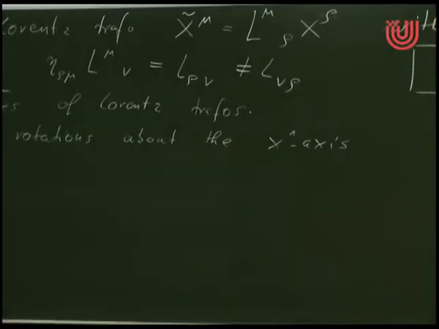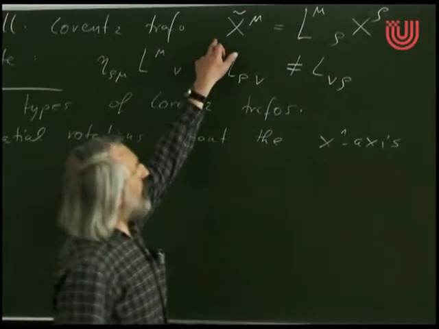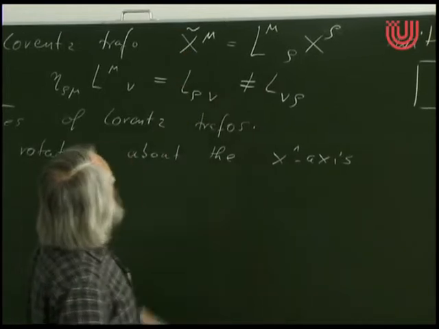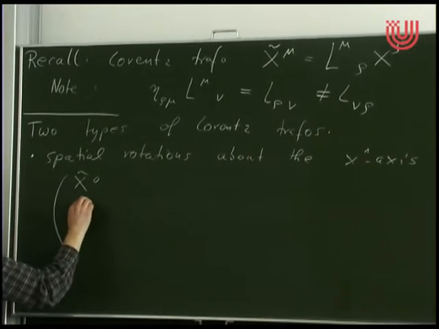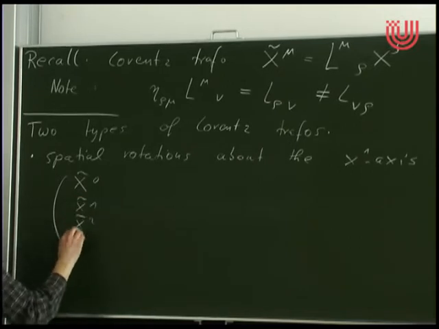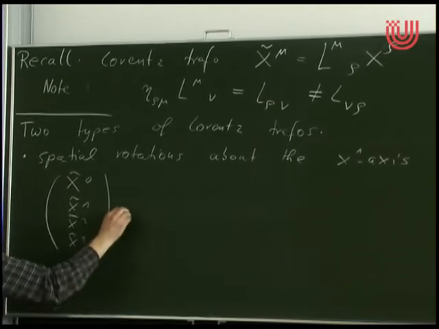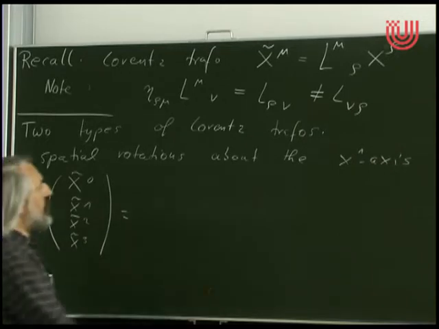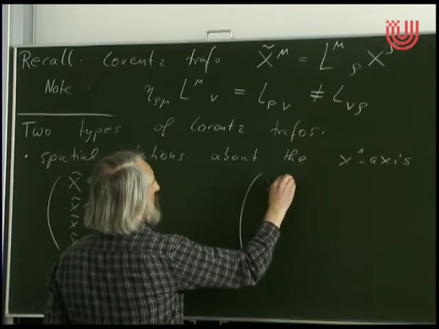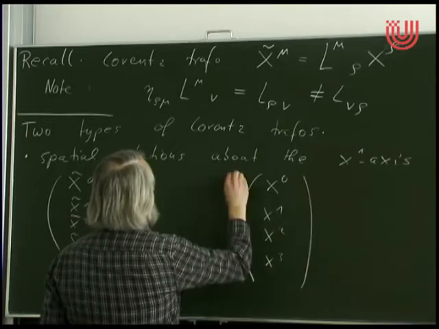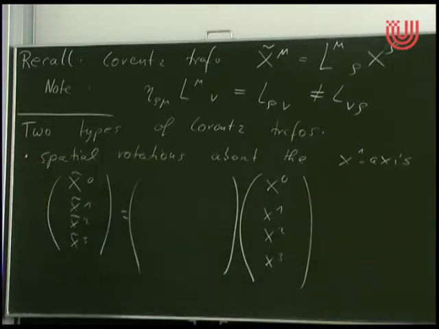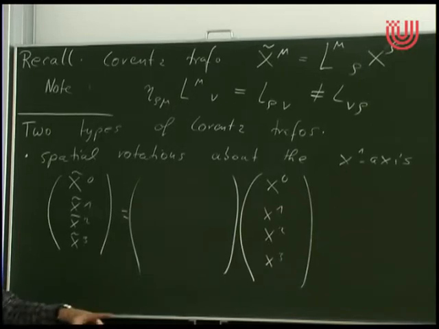So how would this look like? So I write a rotation about the x1 axis in this form. So I get new coordinates, x0 tilde, x1 tilde, x2 tilde, x3 tilde, by applying a certain matrix to my original column vector x0, x1, x2, x3. And how do I have to do this if this is supposed to be a rotation? Well, it's a rotation about the x1 axis. So only x2 and x3 are affected.